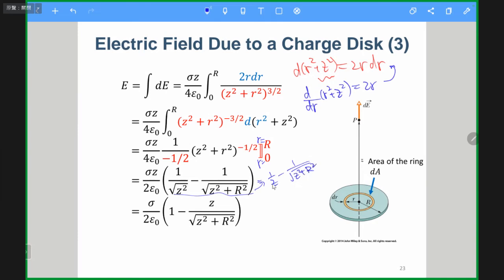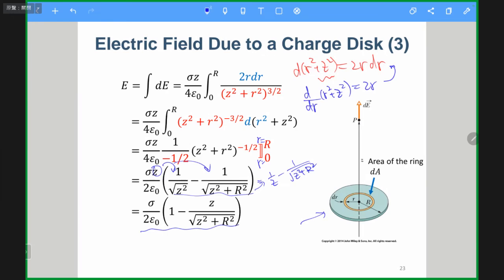Okay, so we factor out z, or maybe we can just distribute this z to here and to here. So this z and this z will cancel each other. So it turns out to be sigma over 2 epsilon naught here, and then z cancels with this z to give 1, and then z is put here. So we have z over the square root of z squared plus capital R squared. So this is the closed form solution for this disk.